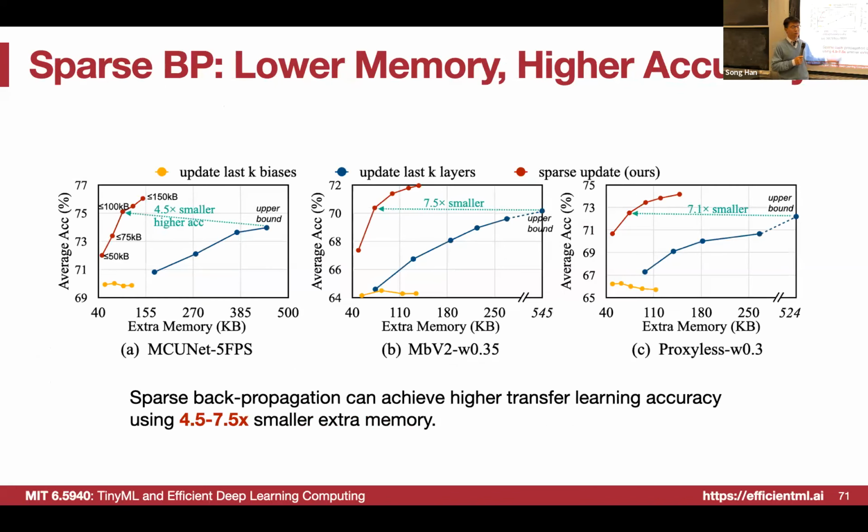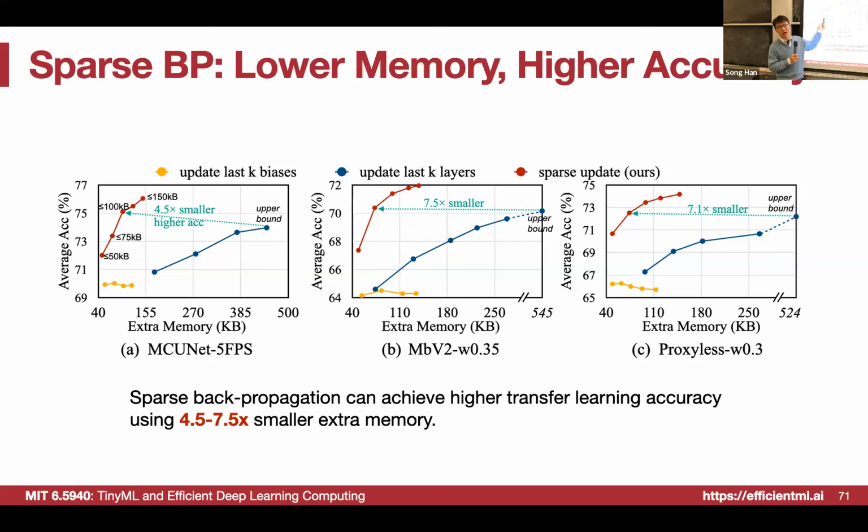So that we can deploy on the microcontroller. This is the measured result of the actual memory required for deploying MCUNet, MobileNet V2 with multiplier 0.35, and ProxylessNAS with multiplier 0.3. We're comparing updating the last K layers, including updating all the layers, which is the best upper bound, versus updating the bias only, which has very small memory compared with those, but accuracy is also low.